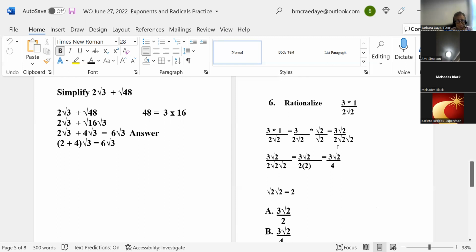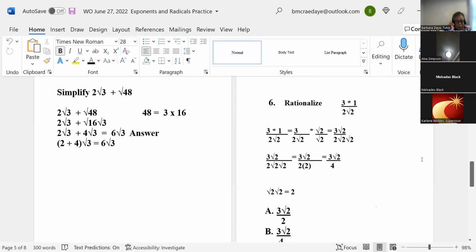Okay. In other words, this denominator has the radical 2, right? Square root of 2 right here. That's what you're going to multiply the numerator and the denominator by. That's why we have square root of 2 over the square root of 2 multiplied by this whole expression. Numerator multiplied by square root of 2, denominator multiplied by square root of 2.